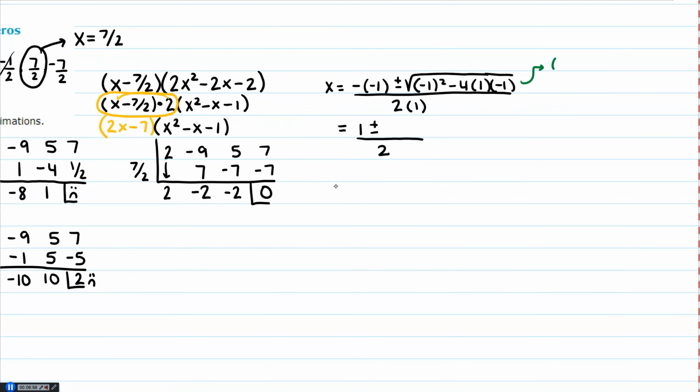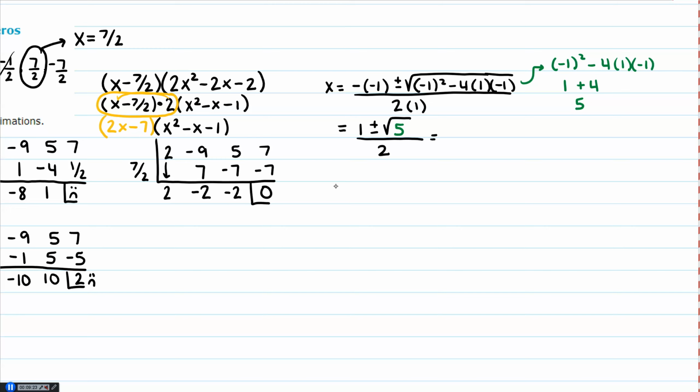Now I got to do this part under the radical. So -1 squared is +1. And then minus 4 times 1 times -1 is +4. So the number underneath the radical is a 5. So I've got 1 plus or minus radical 5, all divided by 2.